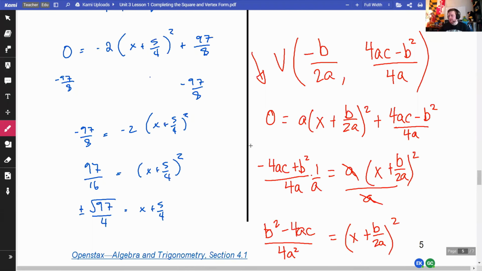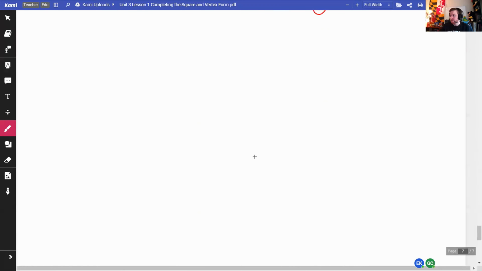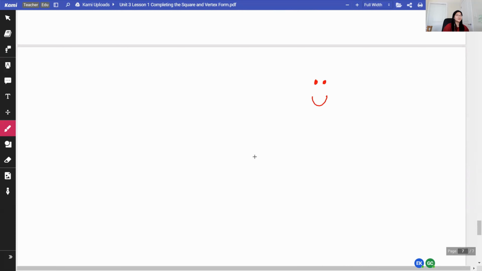I think we need to take this on page 7. So I have plus or minus root 97 over 4 is equal to x plus 5/4. That's where I am.